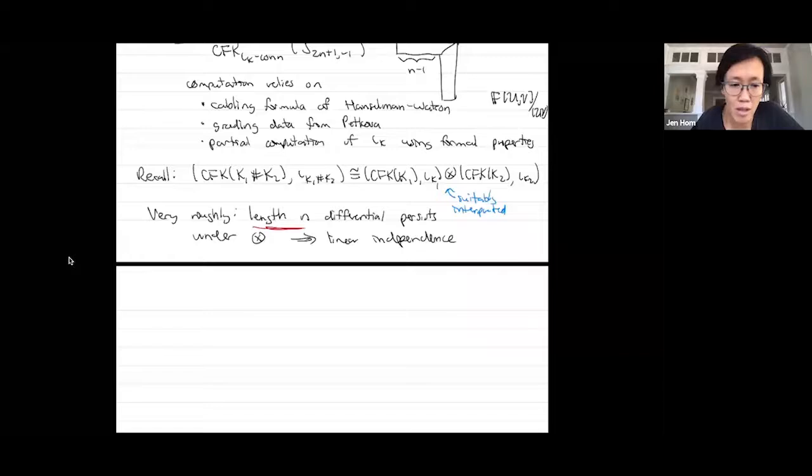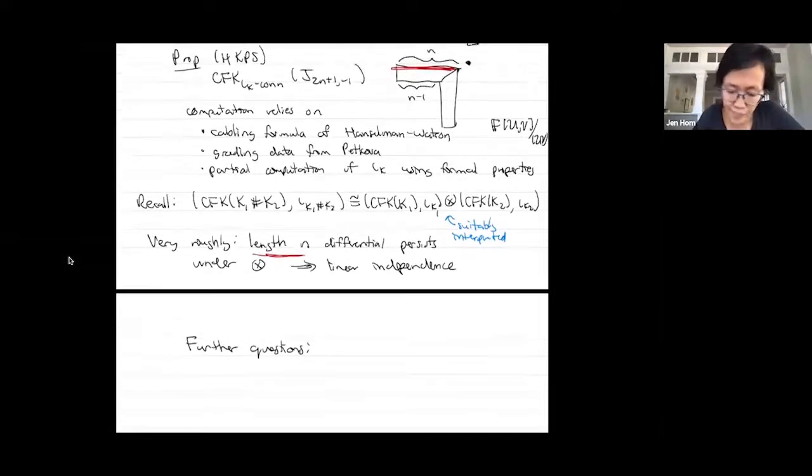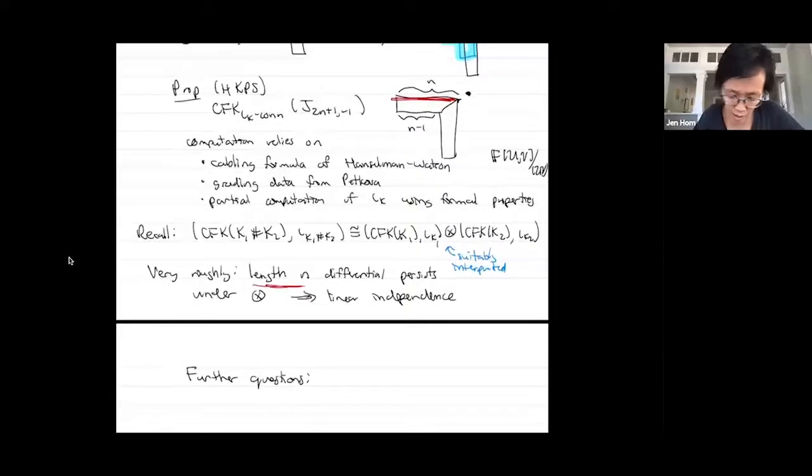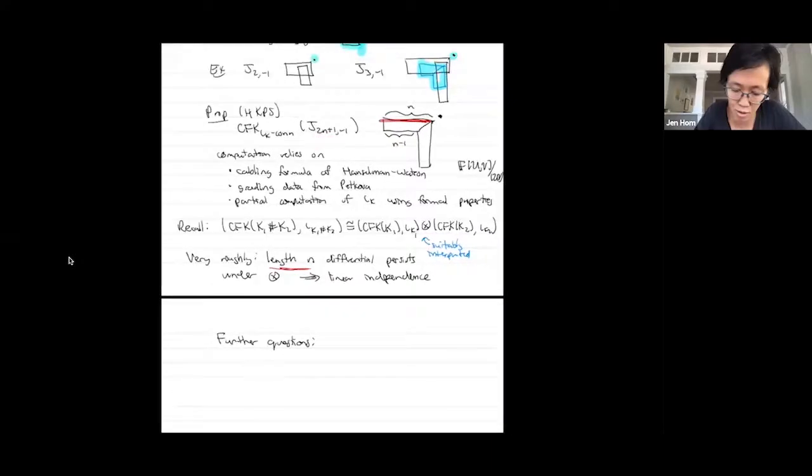And so maybe I'll conclude by talking about some further questions. It was paramount that this cabling parameter was odd.